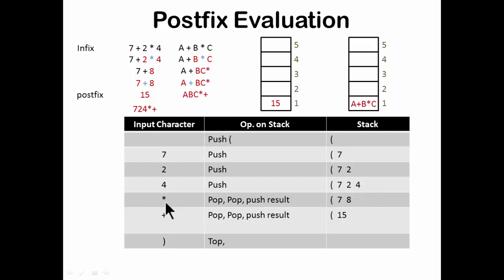Perform the operation, that is multiplication, multiply 2 and 4, 8, insert the result. So push the result. Then again you got an operator, pop, pop, pop 8, pop 7, perform the plus operation. The result is 15, push the result. So the result will be there on the stack. And then you can have a variable like value that points to the top location of the stack. So thereby you can have the answer.